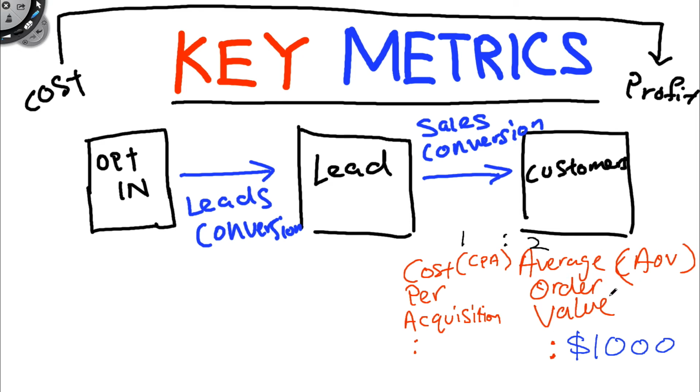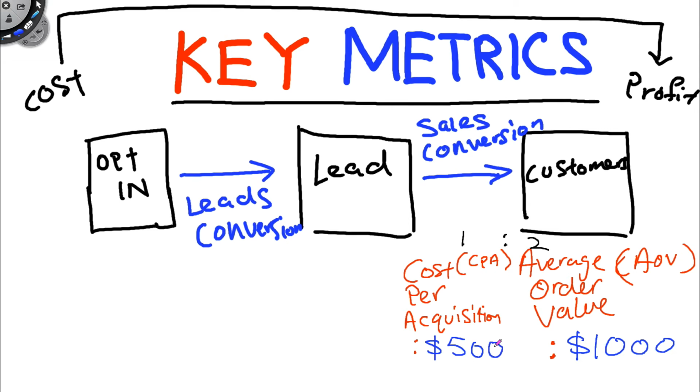So in this example, if my average order value per customer is $1,000, I want to spend up to half of the amount to acquire this customer. So that will be $500. So I keep a very healthy profit of, for example, 100% profit in terms of my earnings.